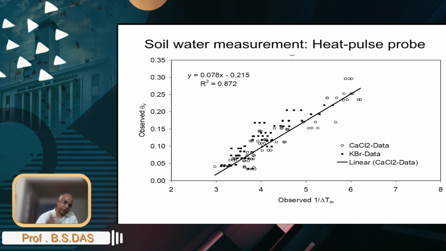Again, these are indirect methods. So you estimate the water content from indirect measures, like in this case, the temperature maxima as an inverse function of the volumetric water content.